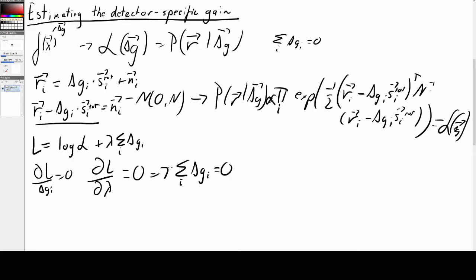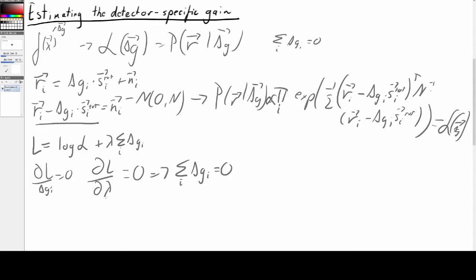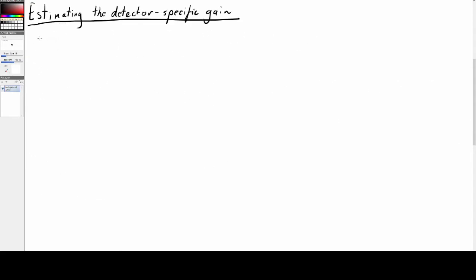And so our next task is to differentiate the Lagrangian with respect to delta G i. So let's write down the log of the likelihood that we're working with. We can just forget about the minus 1/2. That doesn't shift the mode. And what we're left with is a sum over i.